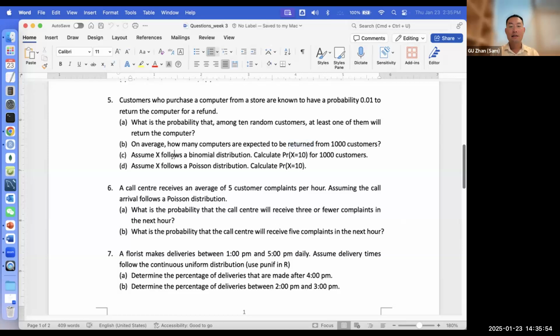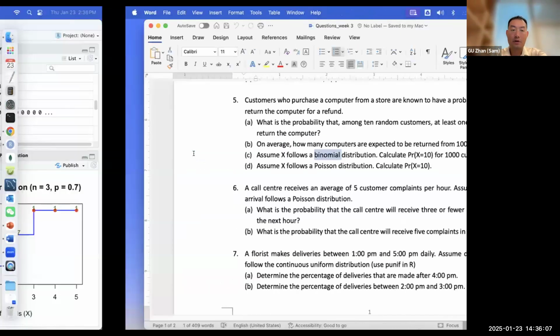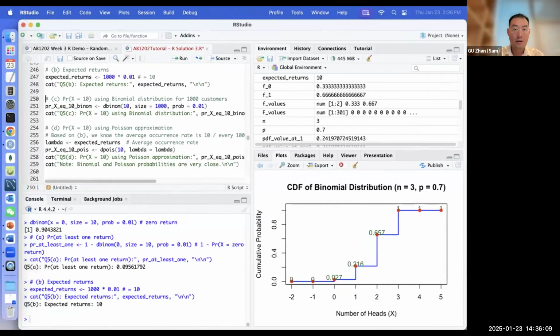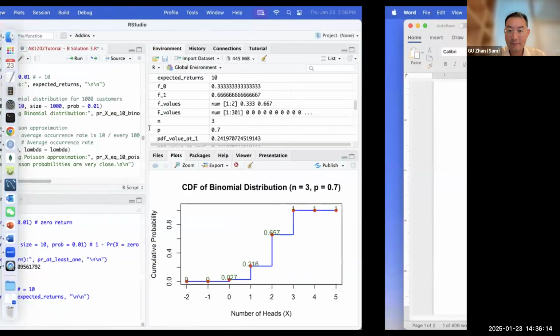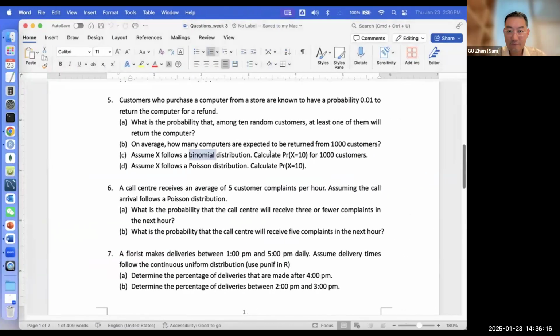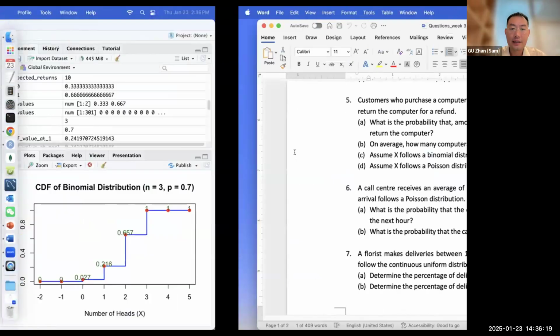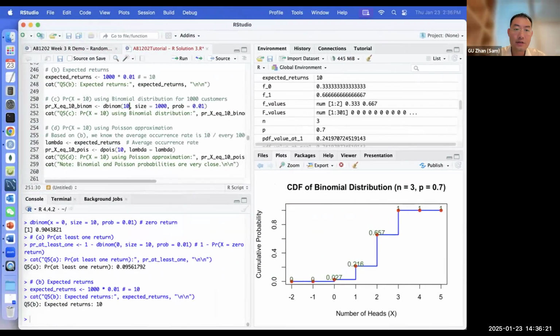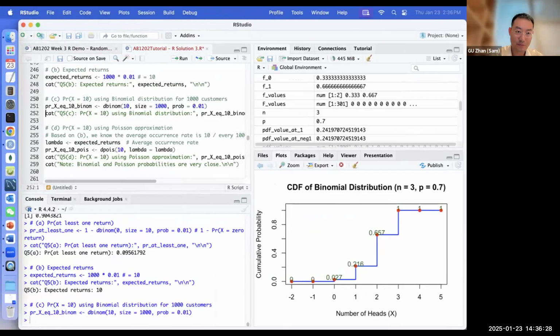Okay. Next, assume X follows a binomial distribution. Calculate the probability of X equal to 10 for 1,000 customers. Follow binomial distribution, X equal to 10. So that means 10 returns among 1,000 customers with a probability of 0.01.